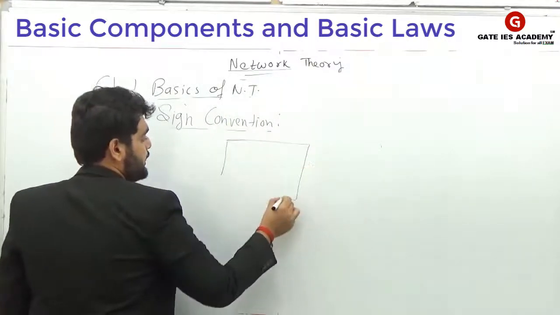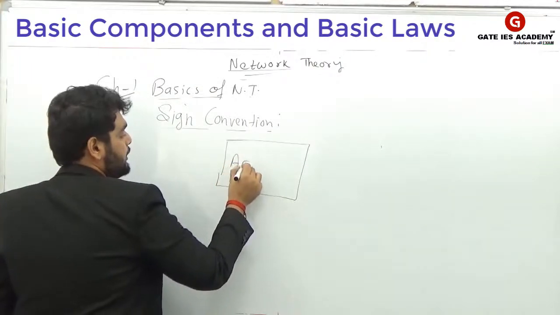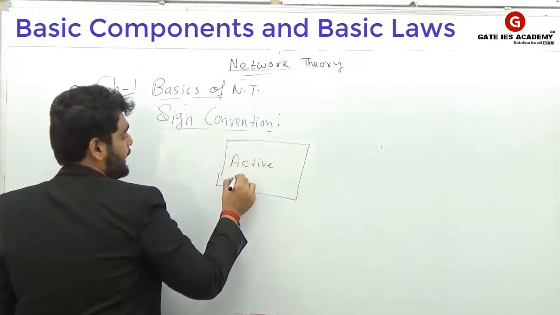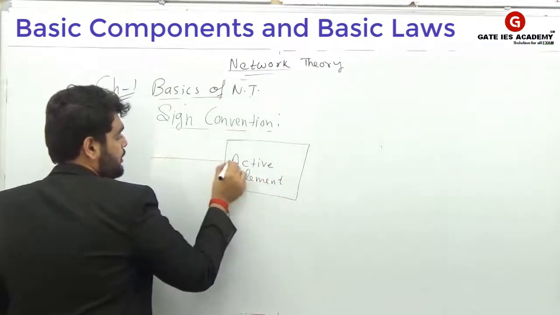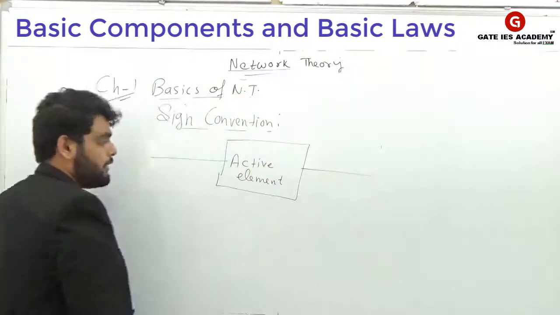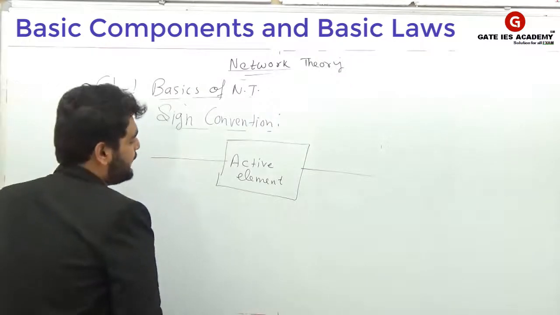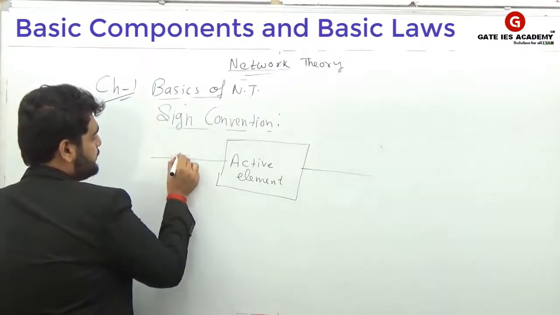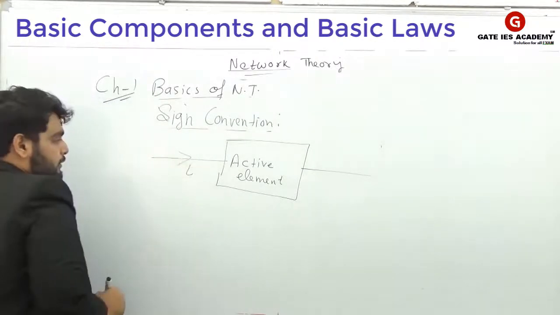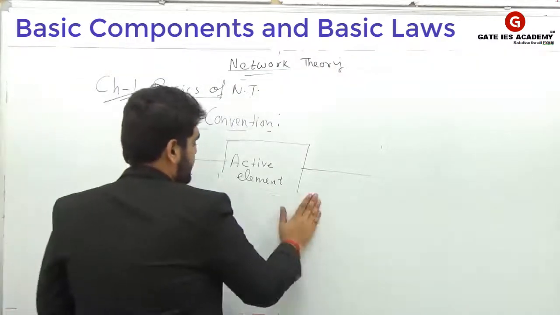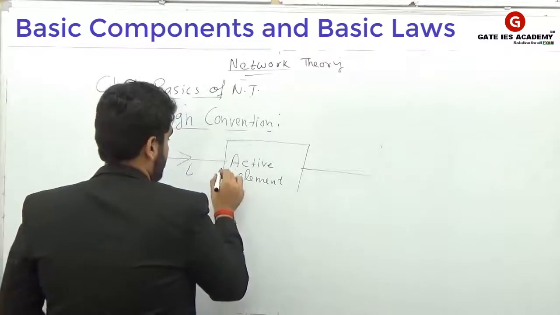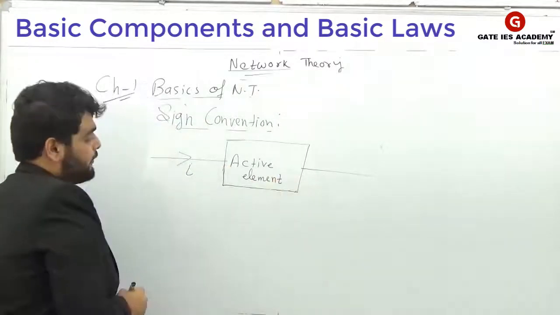Sign convention means if I have an active element, I told you what is the meaning of active element. If I have an active element and current is like this, okay. So that terminal, let's suppose I'm making it a straight line. Okay, I have an active element.